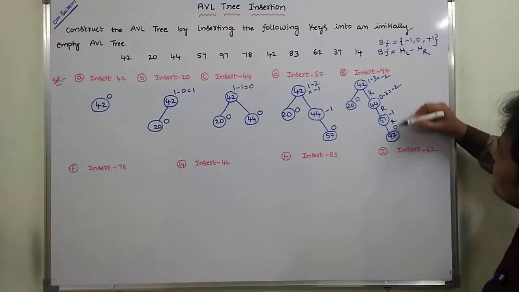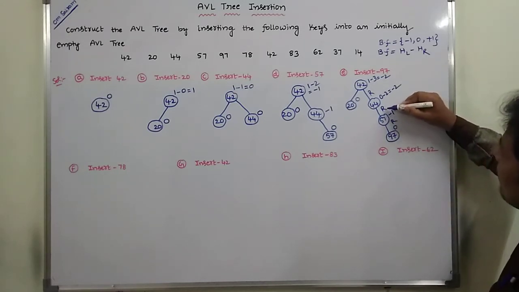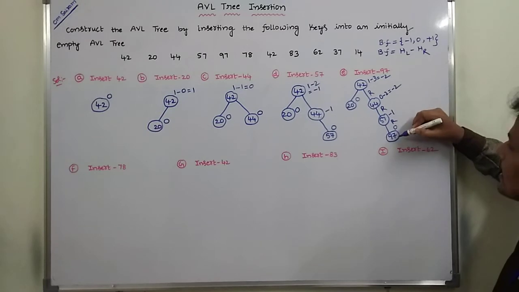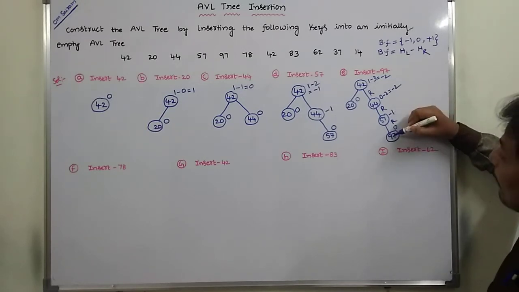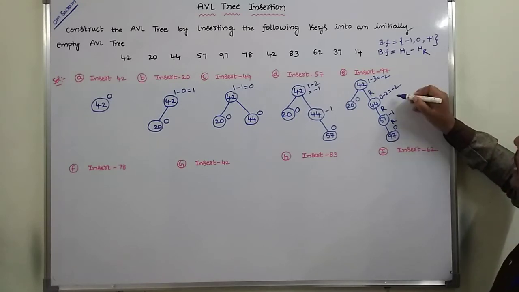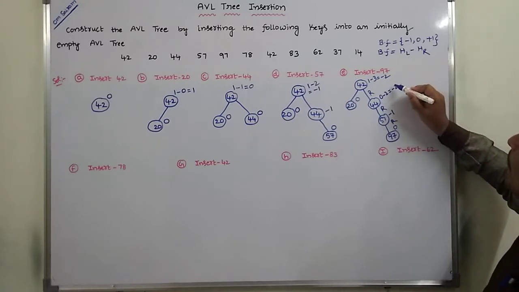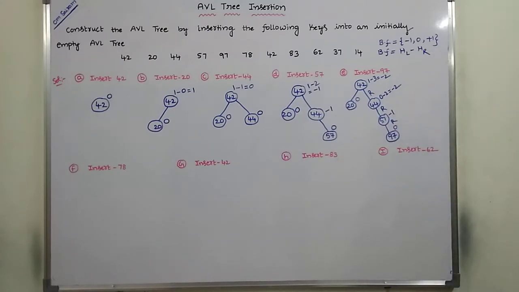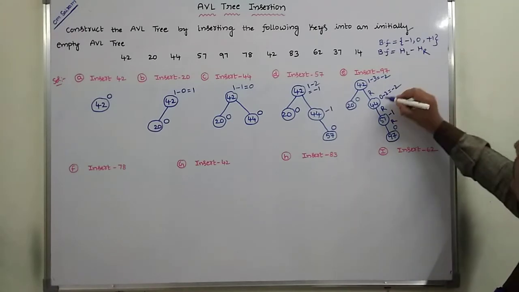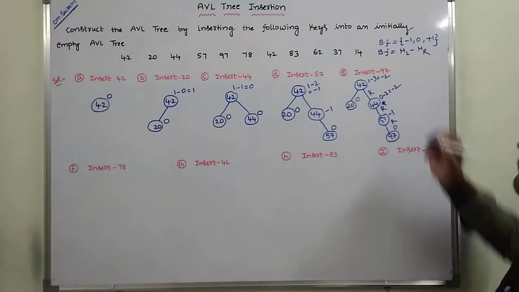First we concentrate on this R and this R, because the last inserted element is 97. Because of inserting this element, at 44 the balance factor is minus 2. So now we have to perform the rotation with respect to the element 44.